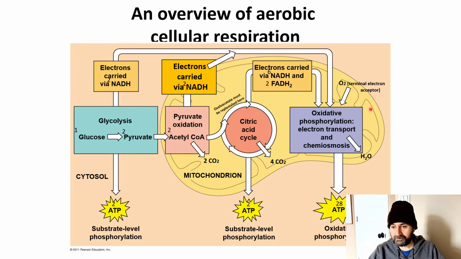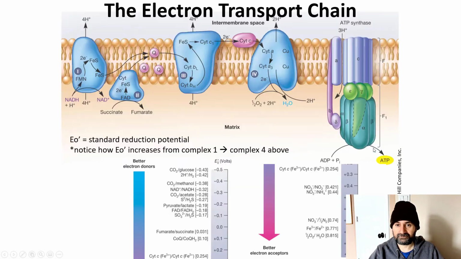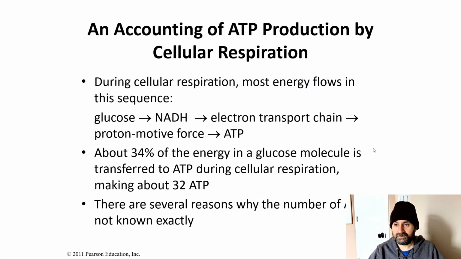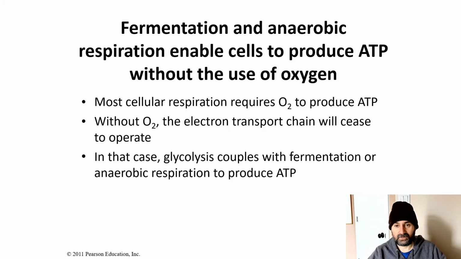And what do we form? We form ATP and we form water. Awesome. So those are the things that we really want to know for the exam. Those are the main things, and I've made a note here of these main things that we just reviewed that you should know for the exam.